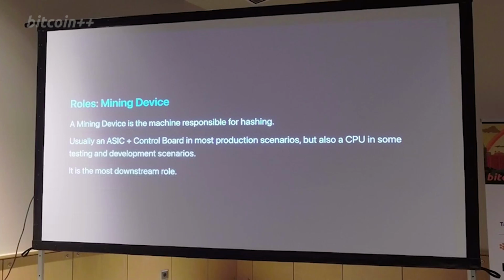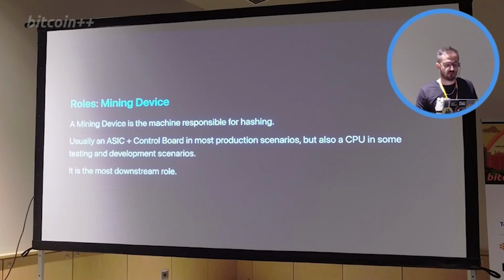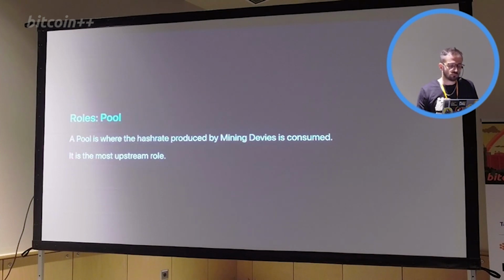So the first role that we have on Stratum V2 is the mining device. It's a machine responsible for hashing. It's usually an ASIC plus a control board in most production scenarios, but can also be a CPU in some testing and development scenarios. And it is usually labeled as the most downstream role of all.